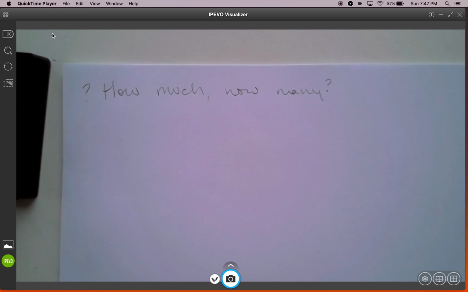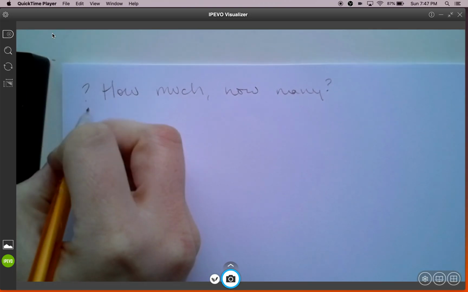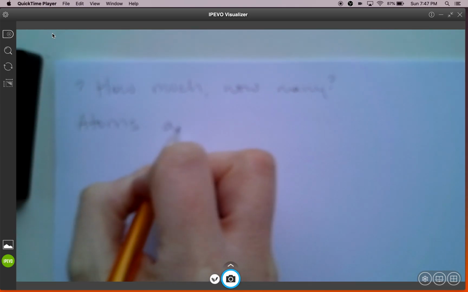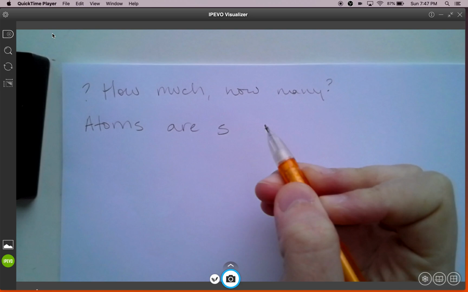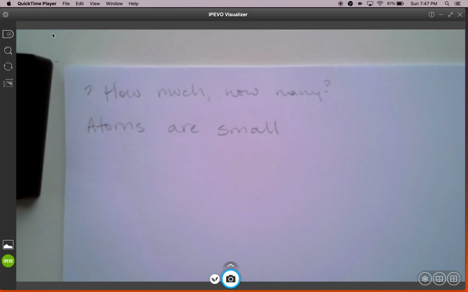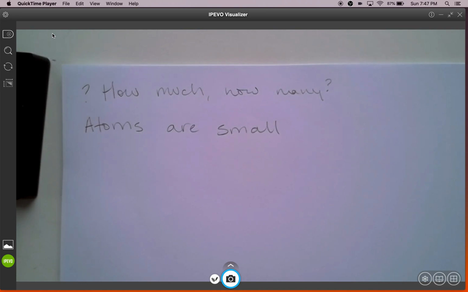And a related question, how much or how many, how do we even measure amount? Here's another thing that you probably remember from somewhere in your life, but it is going to present a unique complication in this particular picture. You're like, yeah, I got that. Atoms are small. Atoms are real small.